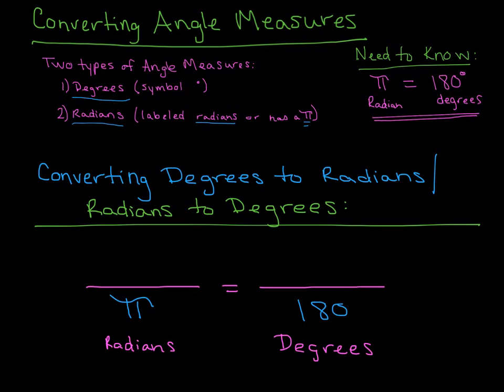In the top, depending on what you're given, you're either going to write what you're given or an X, if you don't know. So here you're going to be given radians. Remember, it could have a pi in it or it could just be a number. Or you're going to write the given degrees above the 180, because that's a degree measure. Or an X if you don't know. So you should only have one X, depending on if you are given the radians or you're given degrees.